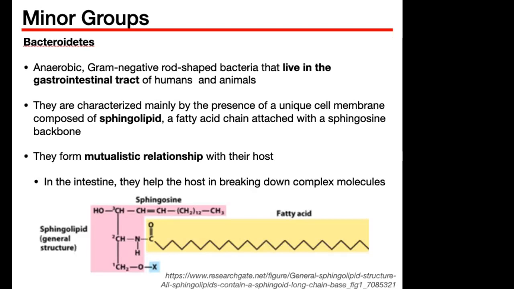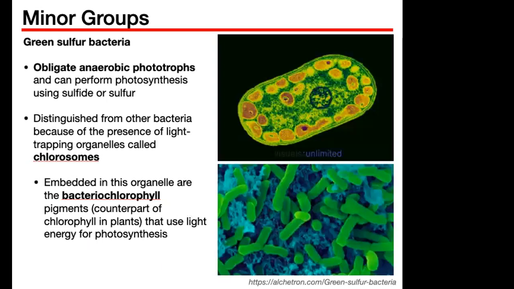So they are abundant in the human gut, but some species of Bacteroidetes are also pathogenic to humans. Like some of them would cause abdominal sepsis, which is a fatal condition caused by the body's response to infection. And we also have green sulfur bacteria.